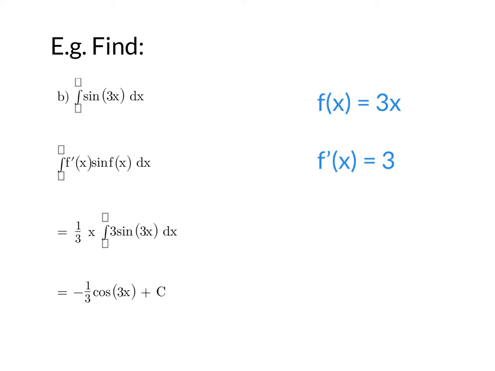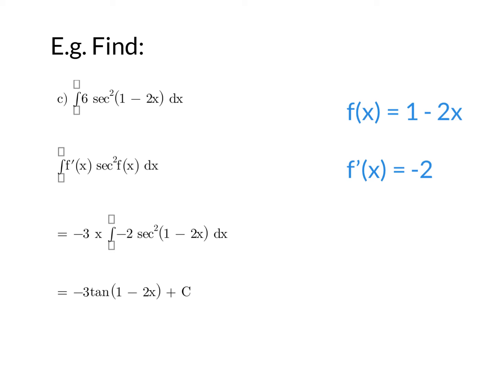To put the 3 in front, we need to multiply out the front by a third, because the original was just sine 3x and now we want 3 sine 3x, so we can integrate. So the integral of sine goes back to minus cos, so we get minus a third cos of 3x plus c.